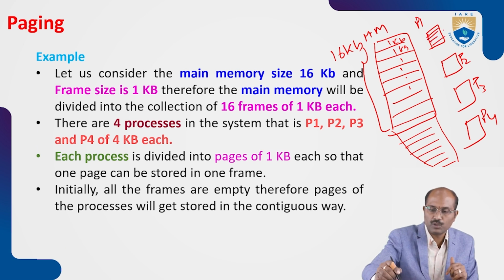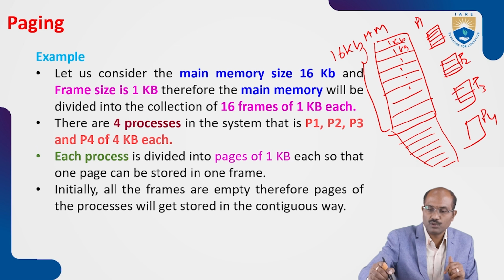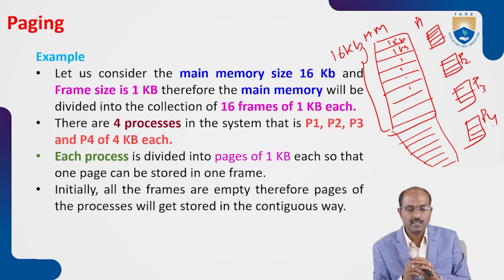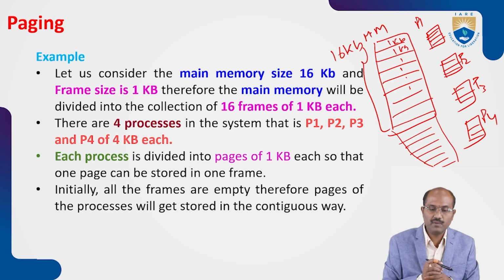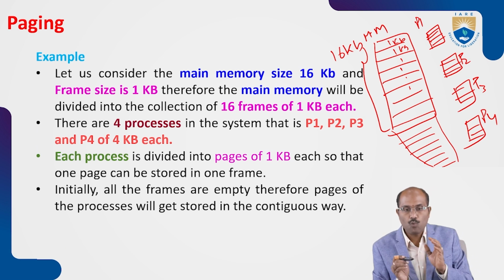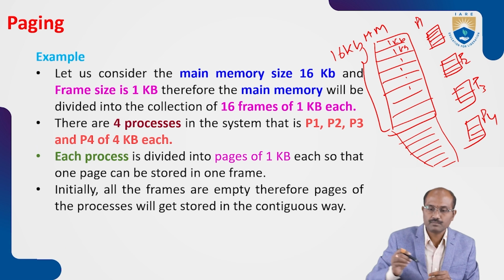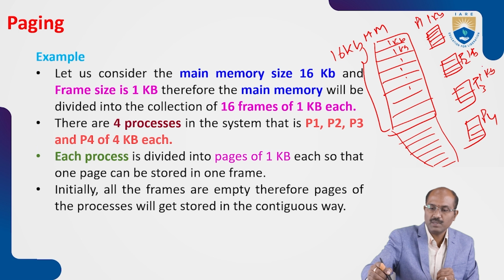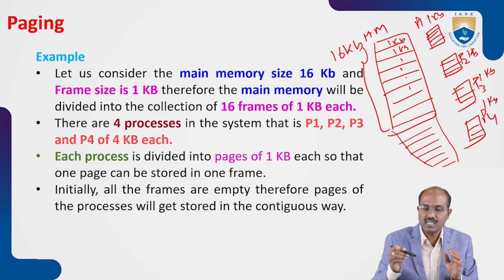Each process is 4 KB, and each process is divided into pages of 1 KB each. So P1 has 1 KB pages, P2 has 1 KB, P3 has 1 KB, and P4 has 1 KB each.